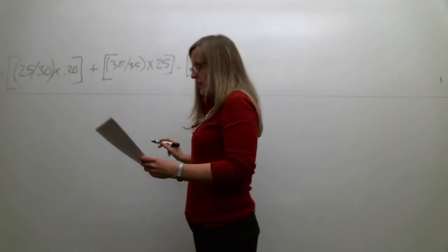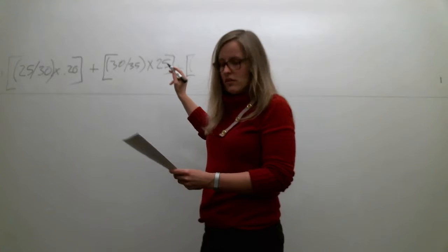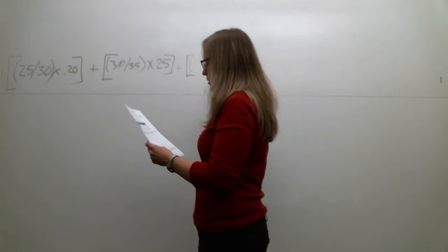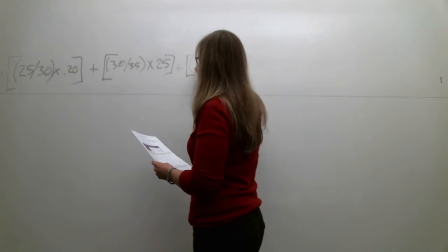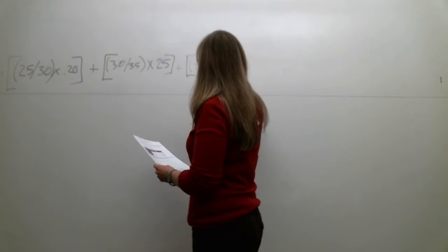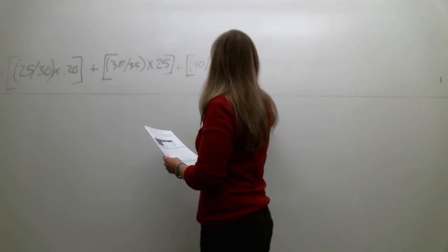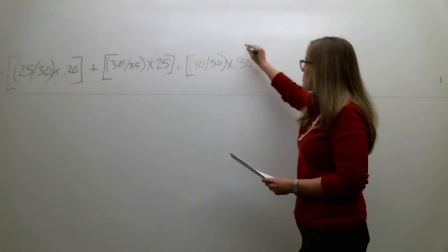Now I'm going to go ahead and add that with my academic research paper, and my student got 40 out of 50. So they did pretty well. And that was worth 30% of my total grade, so times 0.30.